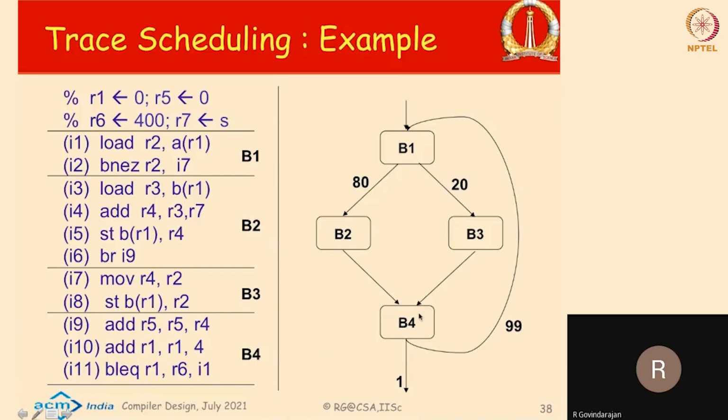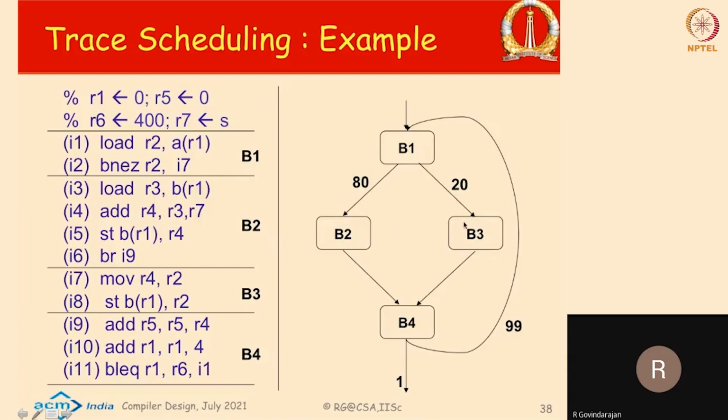So that's exactly what we are going to do in trace scheduling. Identify the trace, or the sequence of basic blocks, which are going to be executed more often and try to do more aggressive instruction scheduling on the path, maybe introducing some additional code on the other paths. Because when you try to move instructions from, let's say, basic block B2 to B1, you may be moving certain instructions whose effect should not be seen on basic block B3.